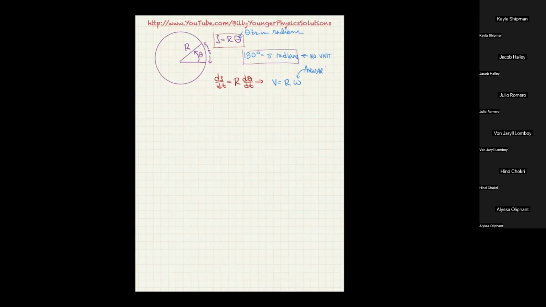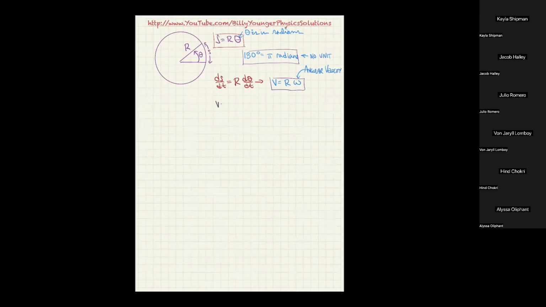Now, if you use radians, it will always, always, always work. But some of these equations don't work unless you do use radians. So it'll take a little experience for you to figure out really what's going on there.